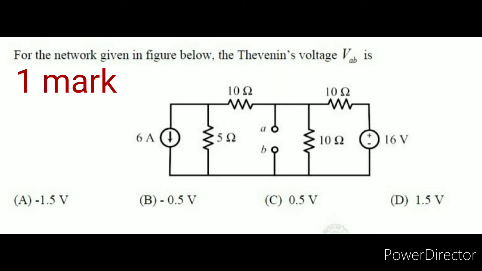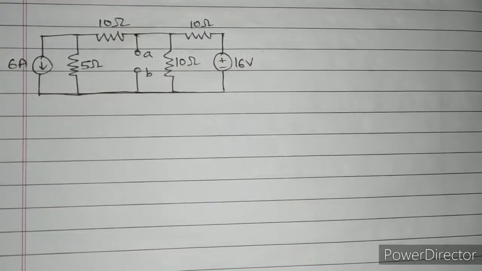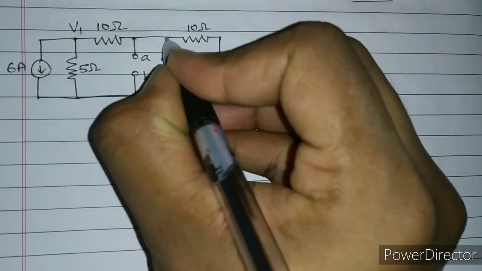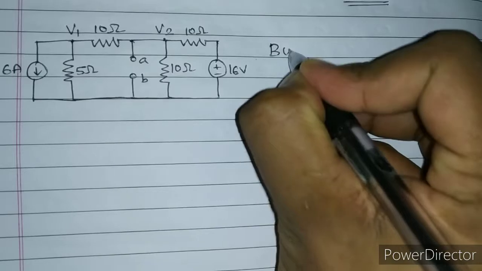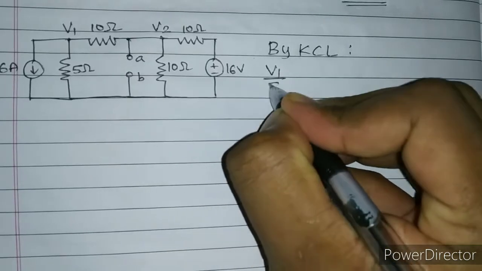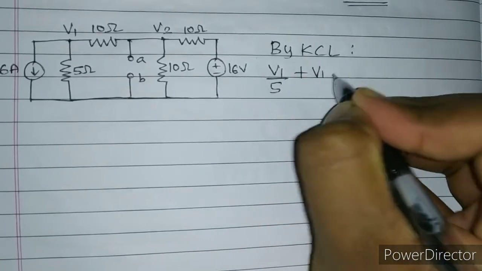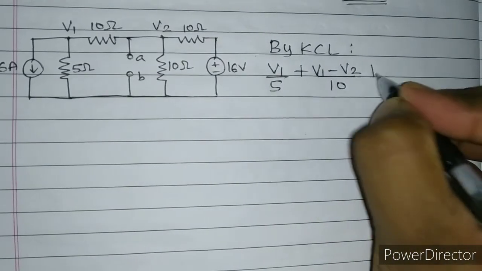In this question we have to find out the voltage VAB. Let us assume the voltage over here as V1 and the voltage over here as V2. By KCL at this node, V1 upon 5 plus V1 minus V2 upon 10 plus 6 is equal to 0.